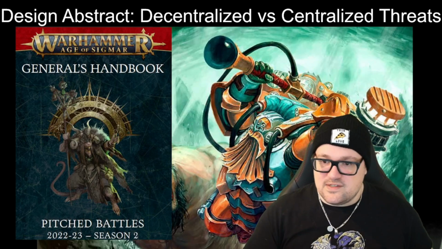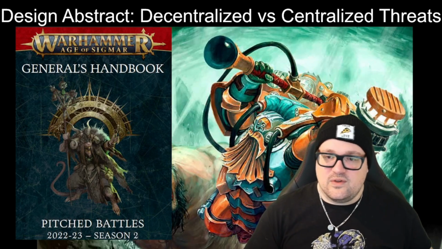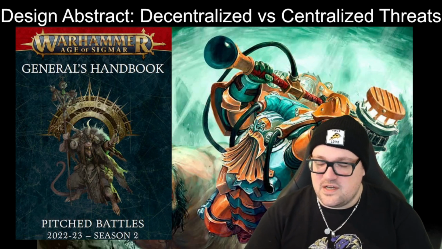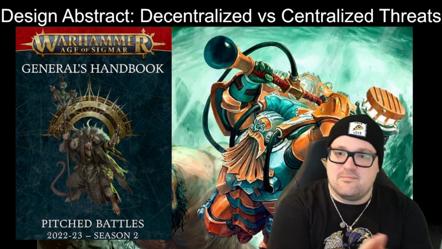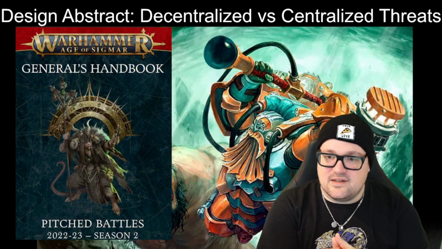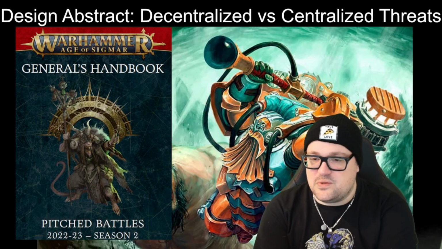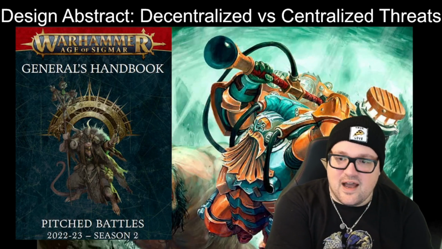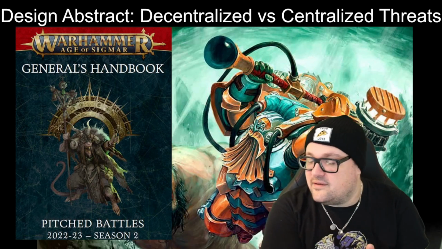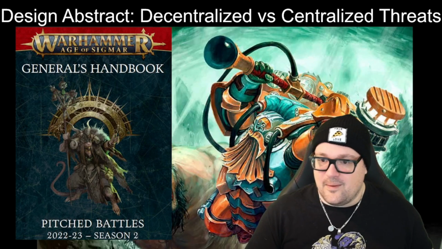So when you do list design, you don't need to choose decentralized versus centralized threat. You need to recognize what they are and mix and match both of them in the list. You want centralized threats which benefit your decentralized threats at the same time, and vice versa if you can. That's all that matters.